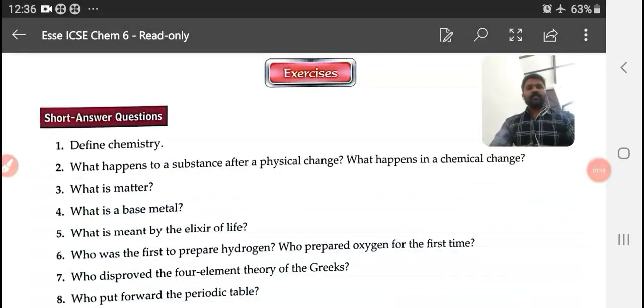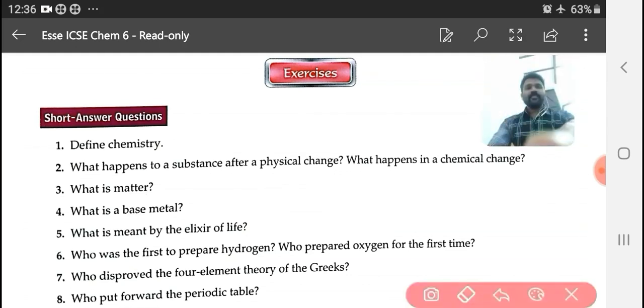Okay, students, in short answer questions, our first question is define chemistry. This is our first question.